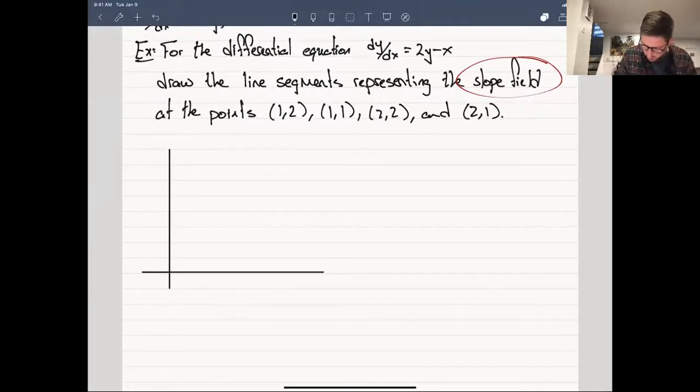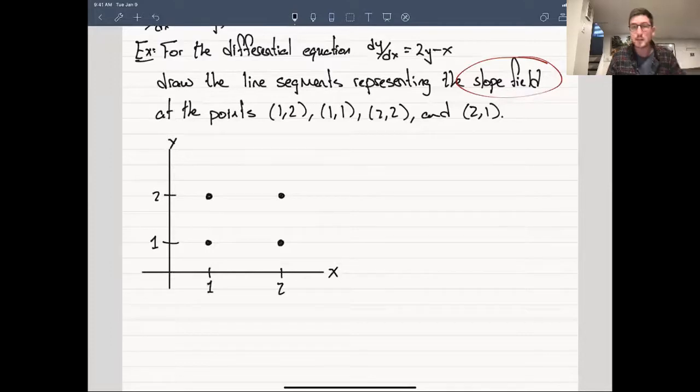We have x, we have y, and we have 1, 2, 1, 2, and the 4 points on this square. So basically we want to know, if we have a solution that goes through one of these points, what is the slope of the tangent line to that solution at that point?